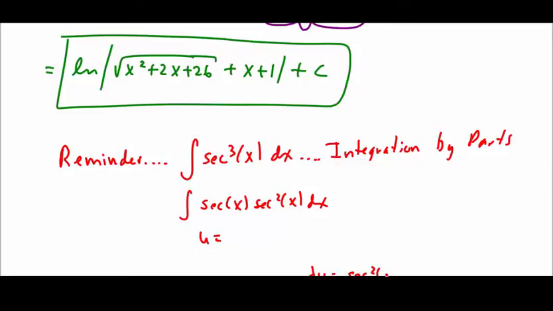So that would be secant squared of x dx for my dv because I can integrate it, and secant of x for my u. du then, the derivative of secant, is secant tangent, and the integral of secant squared of x dx is tangent of x. And then I'd go through and use the recursive method on this.